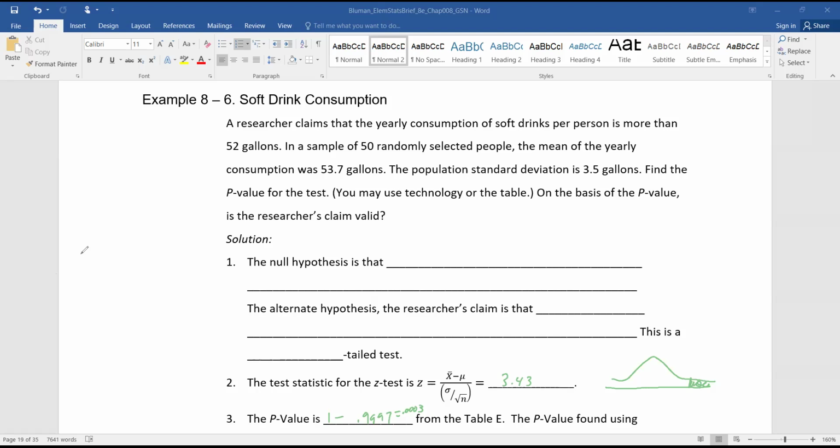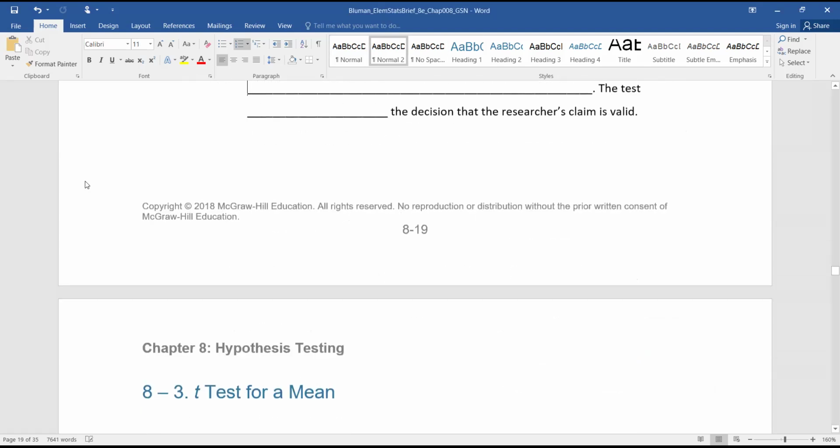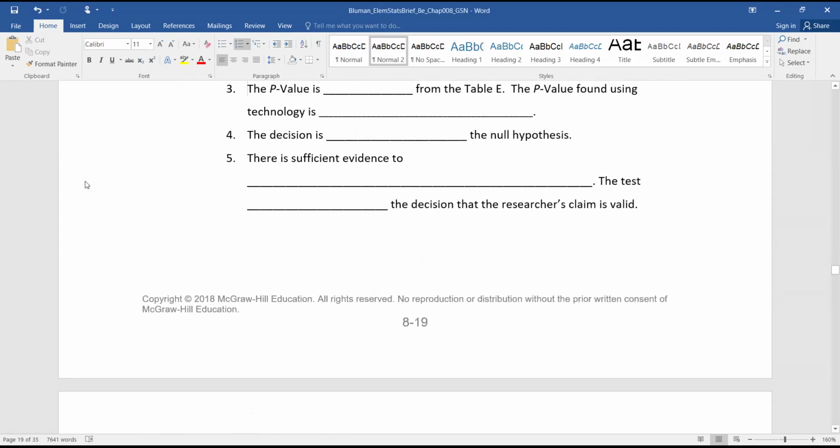What happens with the p-value approach is you don't have to go find critical values. I don't have to determine my critical value so I can determine my range. Now that I have my p-value, which ended up being 0.0003, because it's less than 0.01, I can instantly, regardless of the critical conditions I want, decide to reject the null hypothesis.